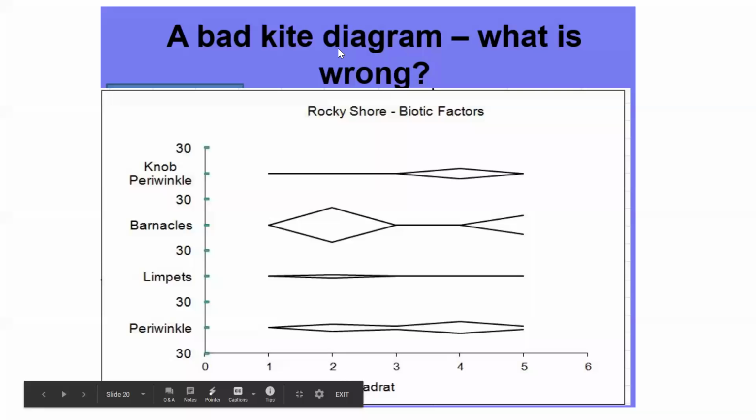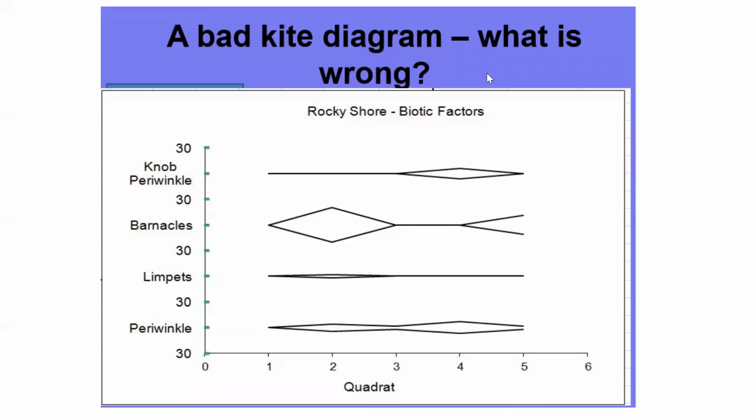Okay, this is a bad kite diagram. I'm showing you a non-example of how to draw a kite diagram. Now y'all spot all the mistakes and tell me in the chat box. What are the wrong things done in this kite diagram? Let's see if you can notice.